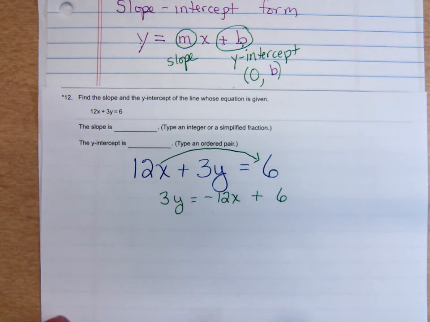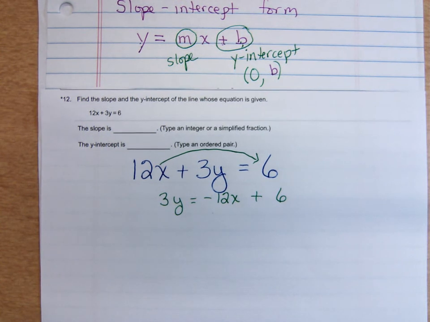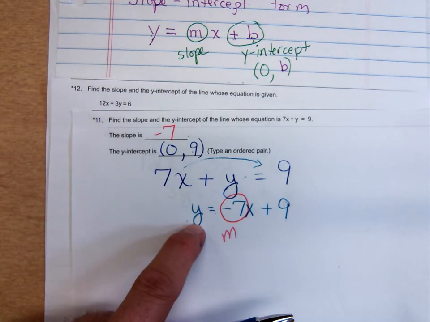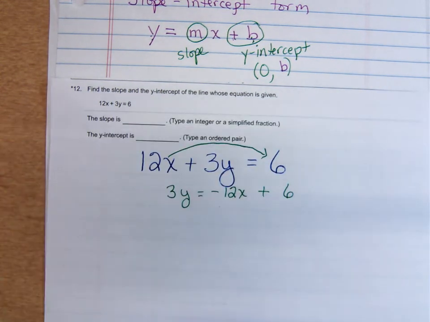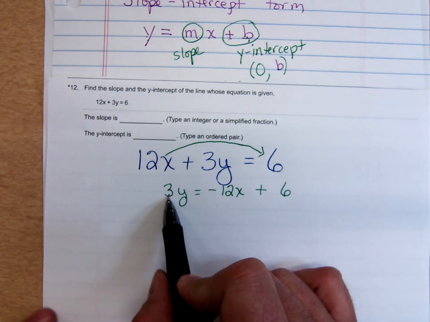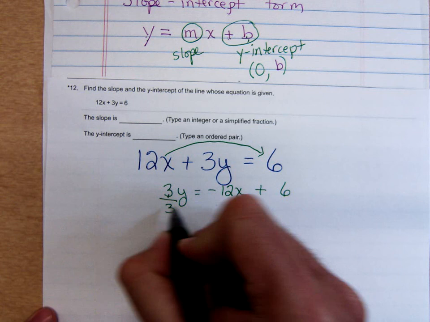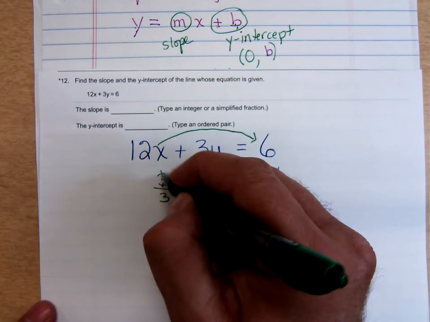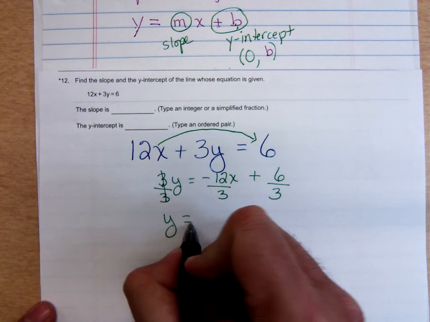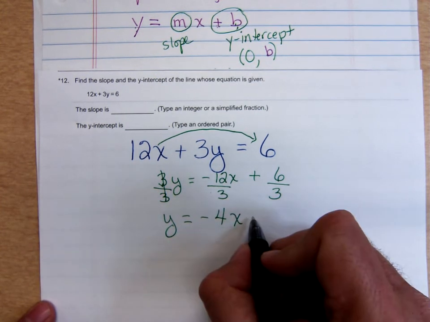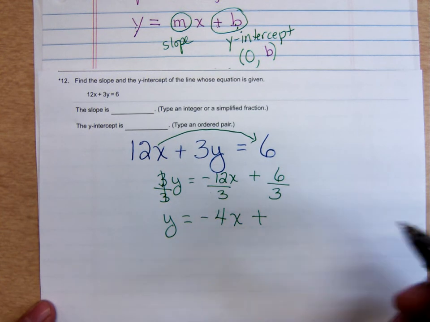And unlike the one we had done just a moment ago, where once you move the 7x the y is already by itself, on this one we have the number 3 we need to get rid of. What will get rid of that? Divide by 3. Just go straight through dividing by 3. And what are we getting? y equals negative 4x plus 2.